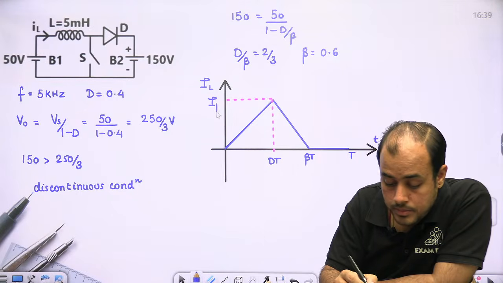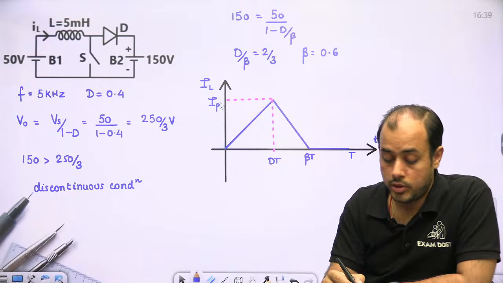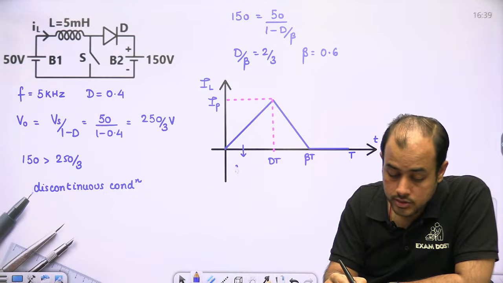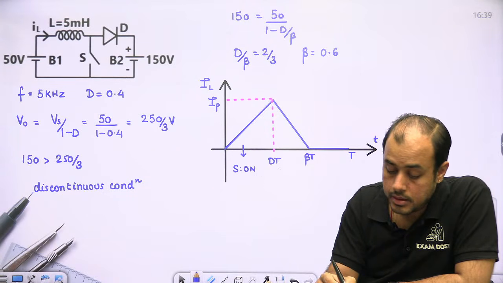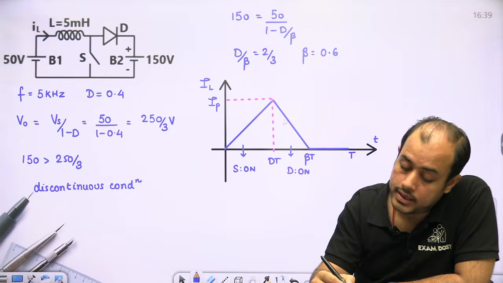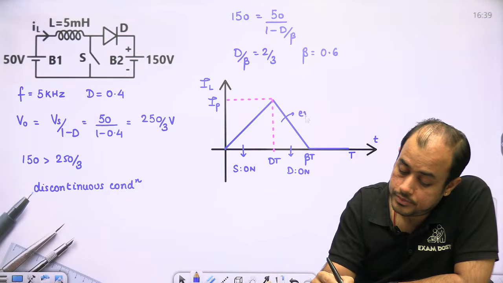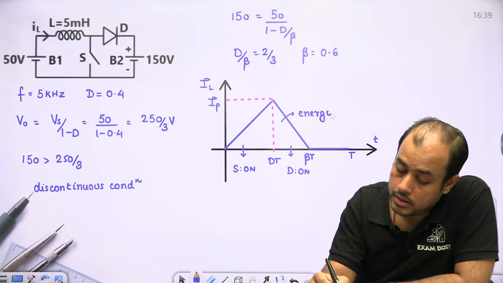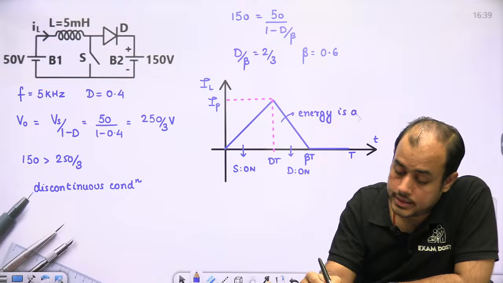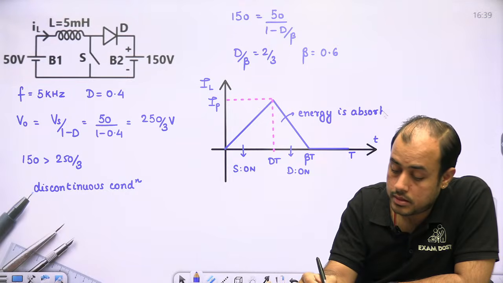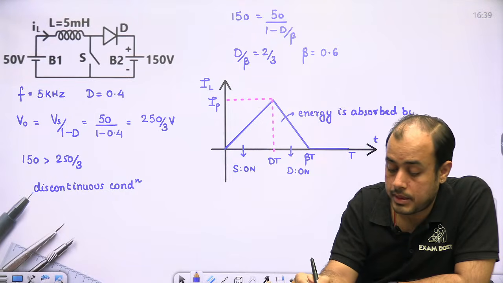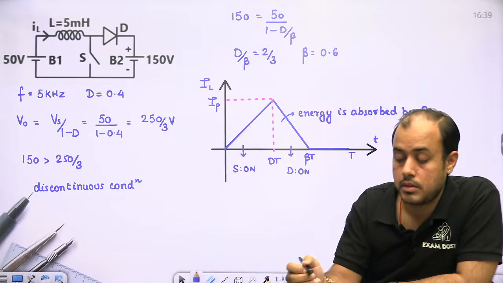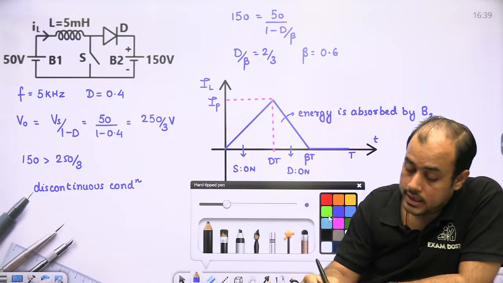Now, मेरे बच्चों, during this time the switch is on, and during this time the diode is on. So when diode is on, then energy is absorbed by B2. Now, how to find the peak current?